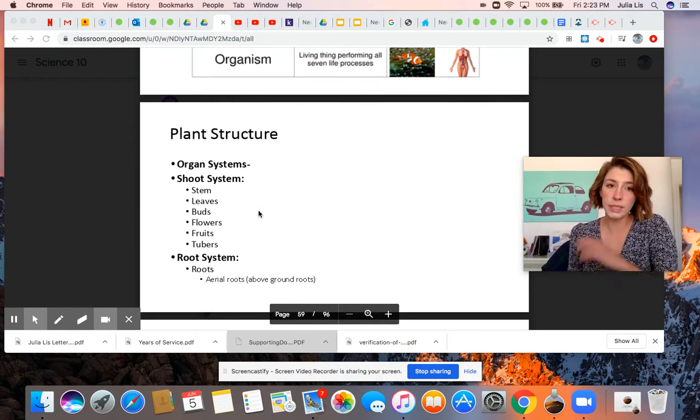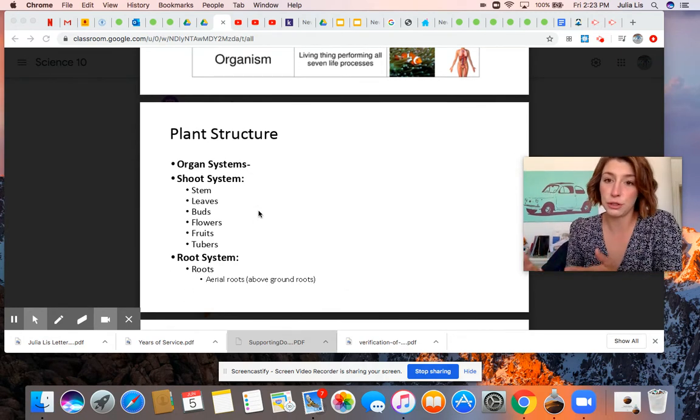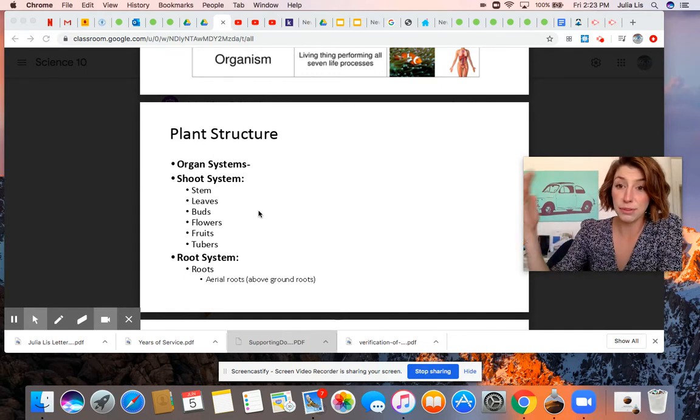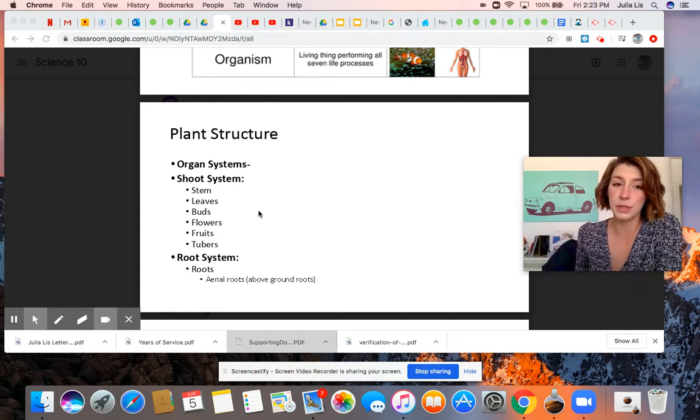And so now when we're going to look at plants and their structure, we're going to look at two main organ systems. So a bunch of organs working together. It's broken up into two organ systems. For a plant, there's the shoot system, so that's everything above ground. And then there's a root system, so everything below ground.